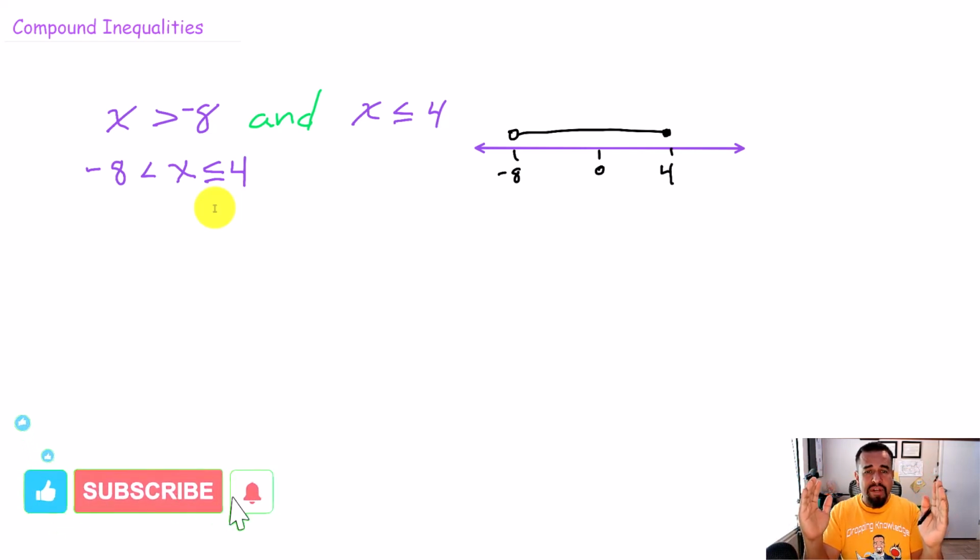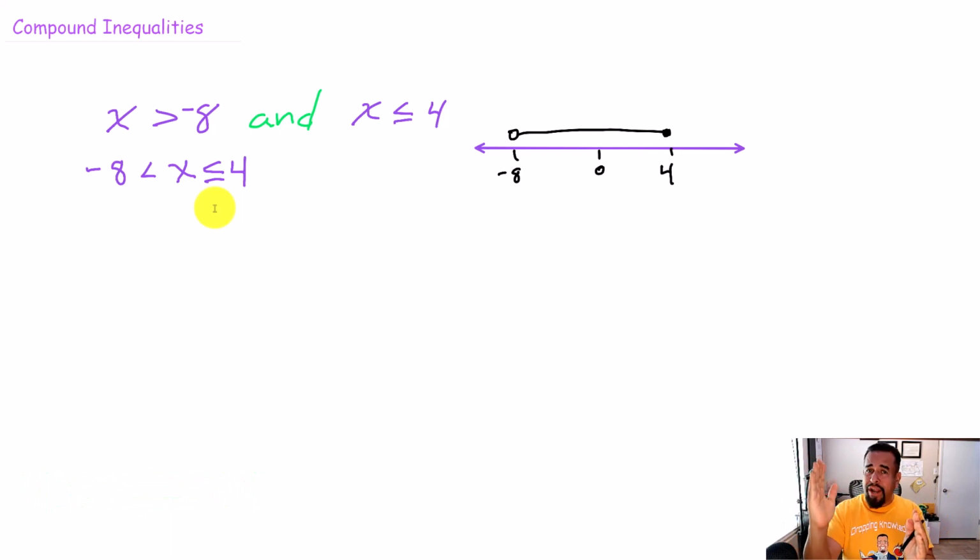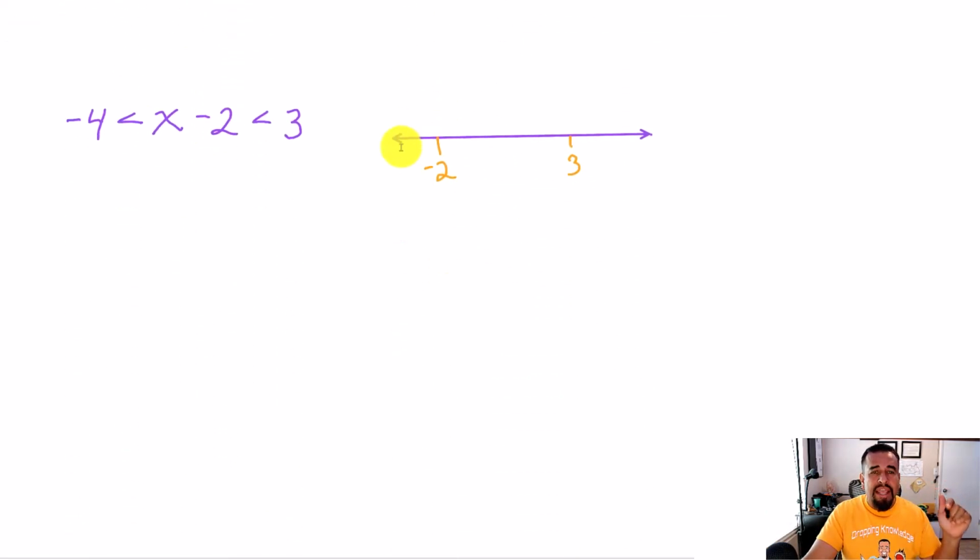They don't include -8. They just want everything greater than -8 up to 4, and it does include 4 as well. That's where my range of answers are to this compound inequality. All right? Pretty simple, right? I'm going to move right along to the next one, and if I'm going too fast, pause the video and come right back.